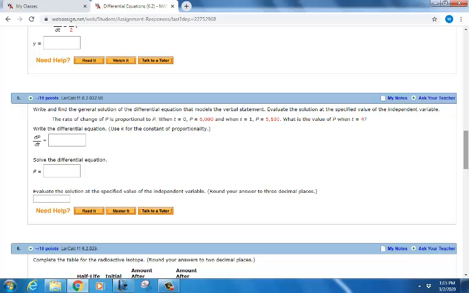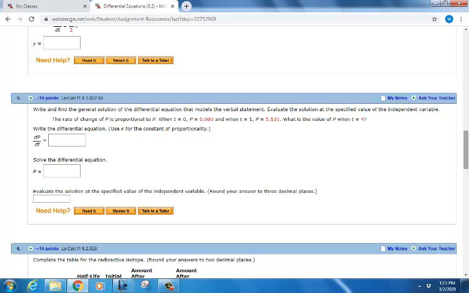The rate of change of P is directly proportional to the size of P. That's our typical setup for differential equations in the class. They're telling us that when time is 0, the initial population is 6,000, but when time increases to 1, the population has decreased to 5,100, and they just want to know what's the population when t is 4.